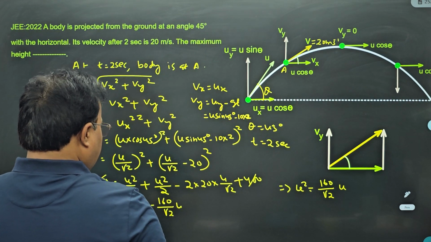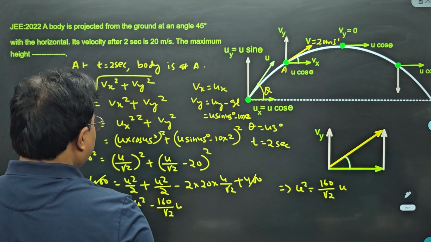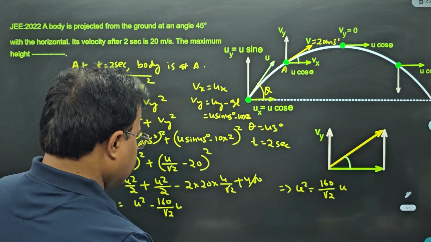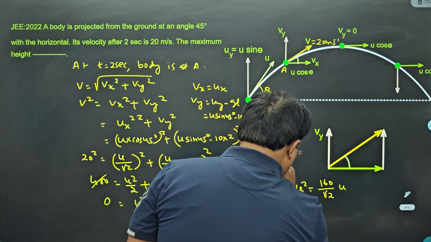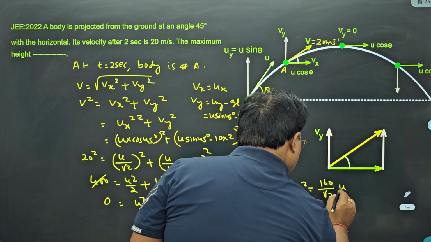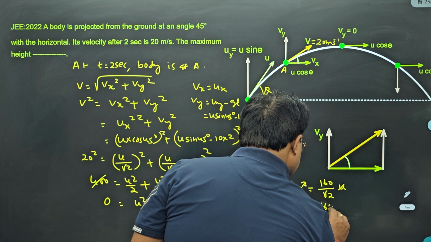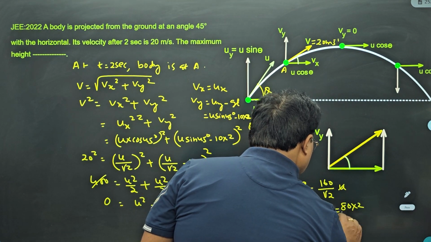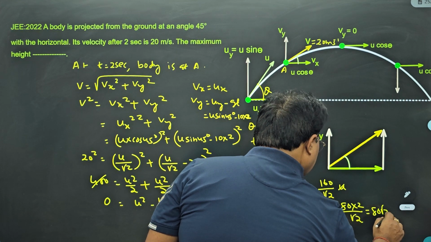Have I done any mistake anywhere? U is equal to 160 by root 2, that is 80 root 2 meter per second.